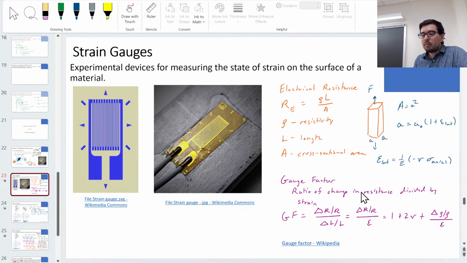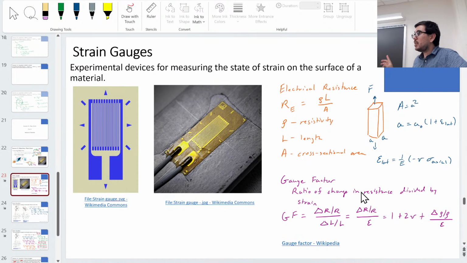Either way, what's really nice is that we have devices that are not incredibly expensive, that you can attach to a pressure vessel or some other object, to be able to figure out how much strain it is undergoing.